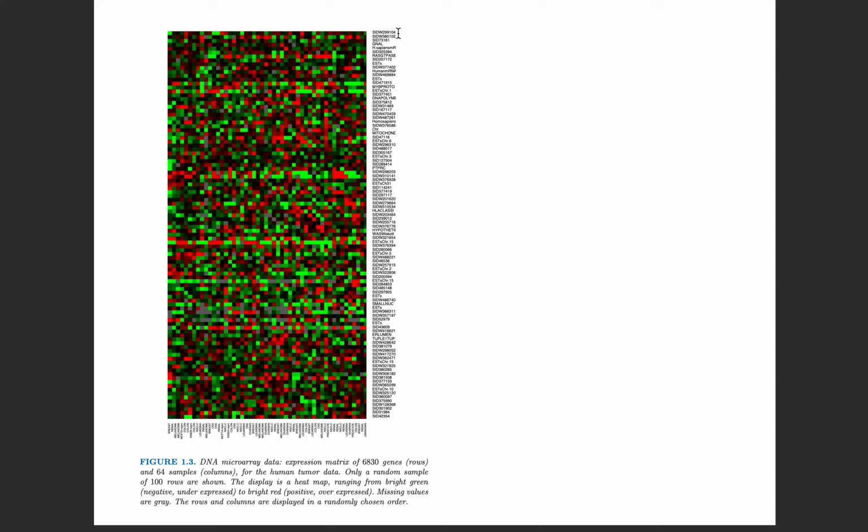Each row refers to one gene, and each column refers to a sample. So here we have around 7,000 genes, although we don't see them all, and we have 64 samples.